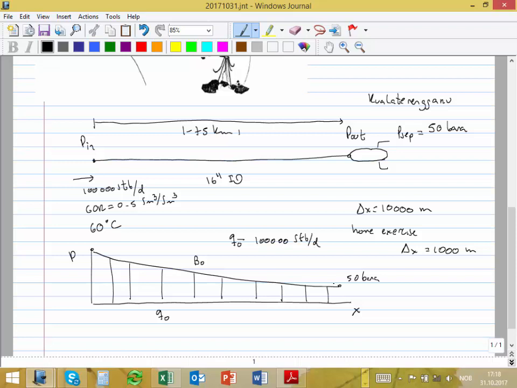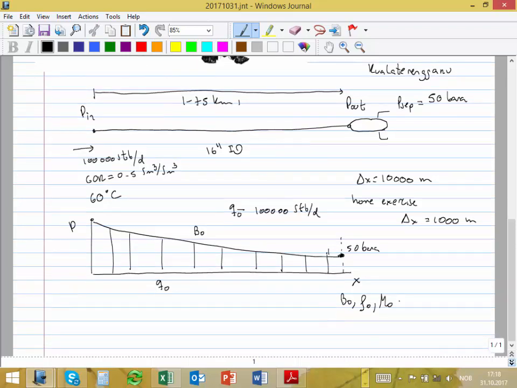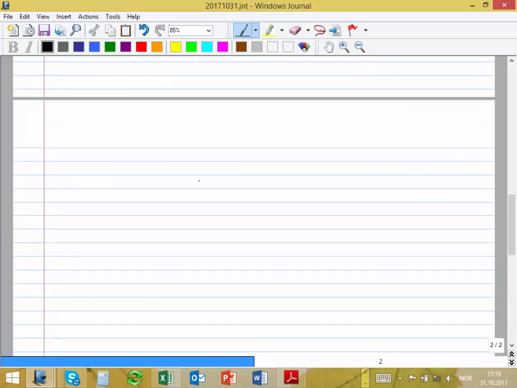And the way we are going to make it, we start from the point that we know, the pressure that we know, and we need to calculate at this point the BO, and we need to calculate the density of the oil, and we need to calculate the viscosity of the oil. And then with all of that, we can compute the delta P of the, let's use another page. Okay, so I have each segment of pipe.